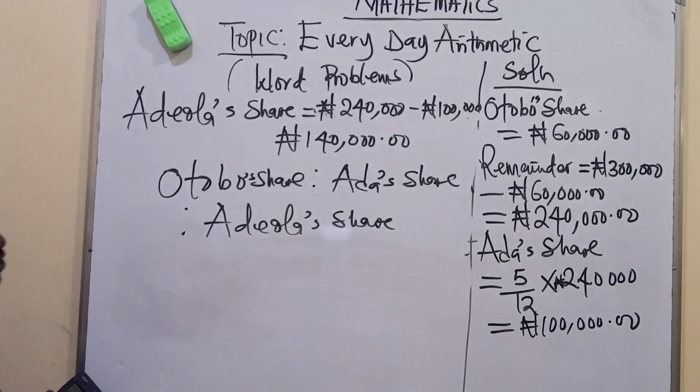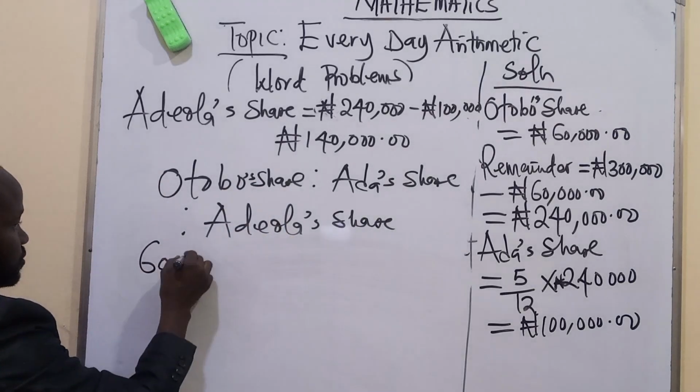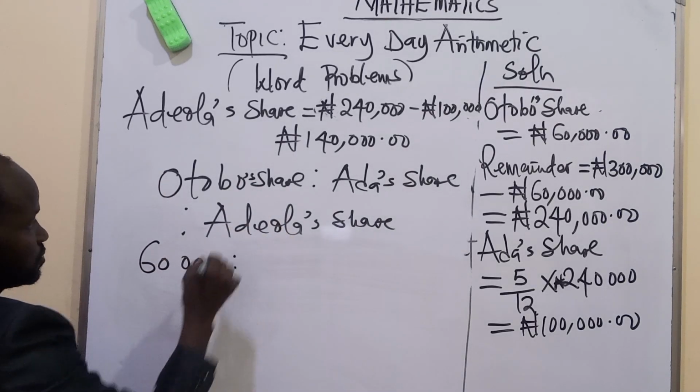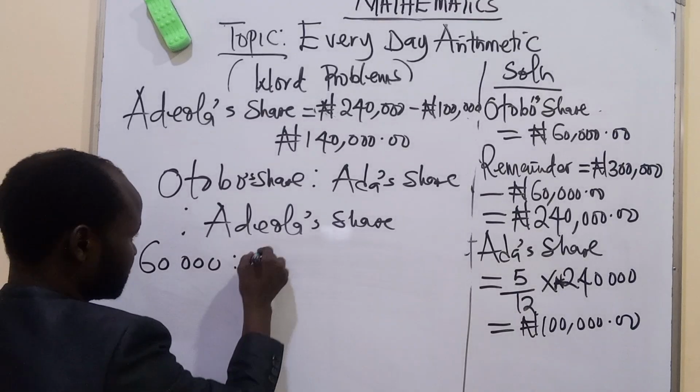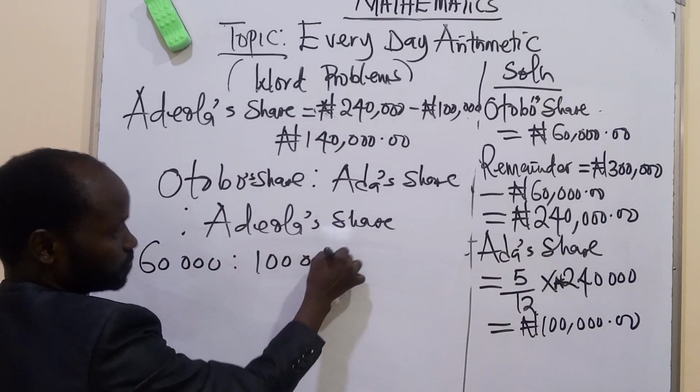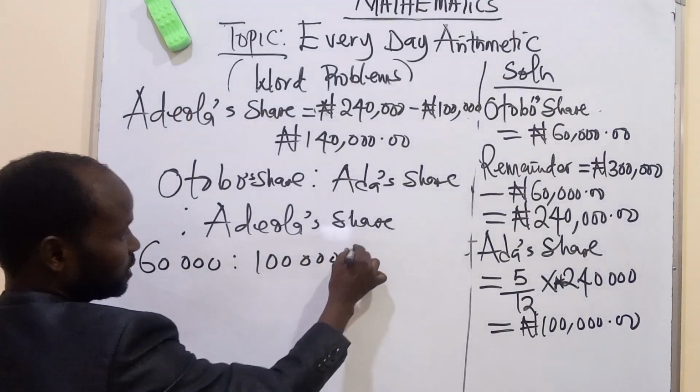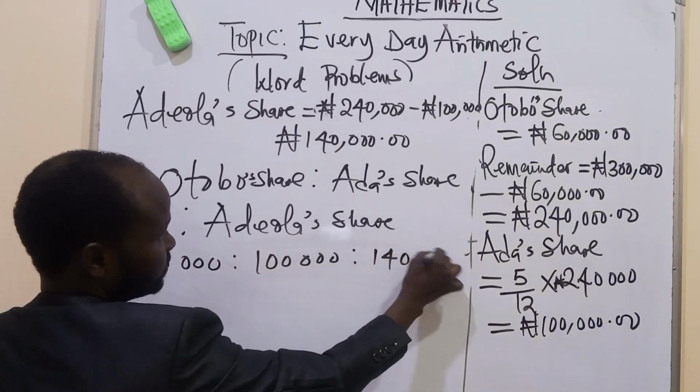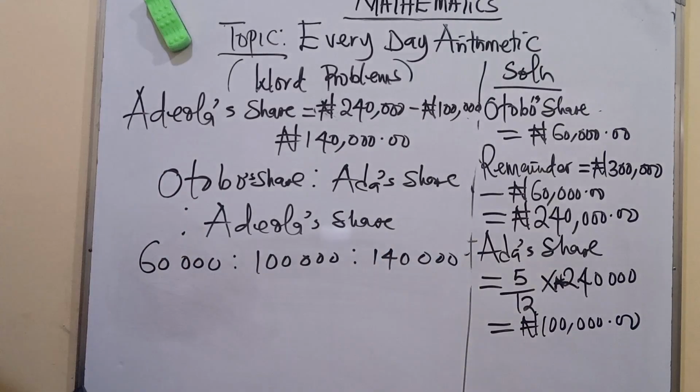So Otubo's share from the question is 60,000. This will be 60,000 is to Ada's, that's 100,000. Then Adiola, 140,000. We can reduce this.